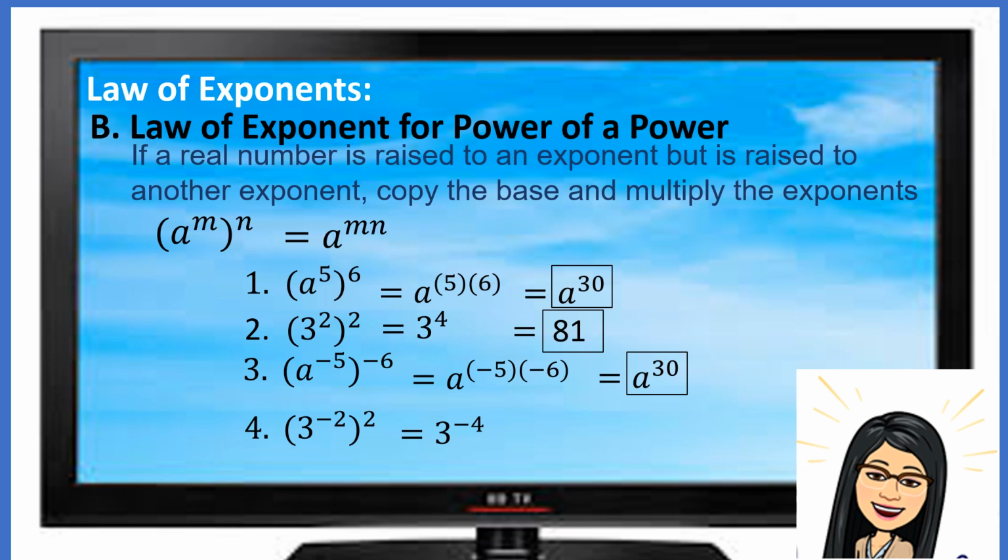Now, since we have a negative exponent, we are going to simplify this by taking its reciprocal. So that is 1 over 3 raised to 4. Again, simplifying 3 raised to 4, multiply 3 four times, and we will arrive at 1 over 81. And this is the simplest form.